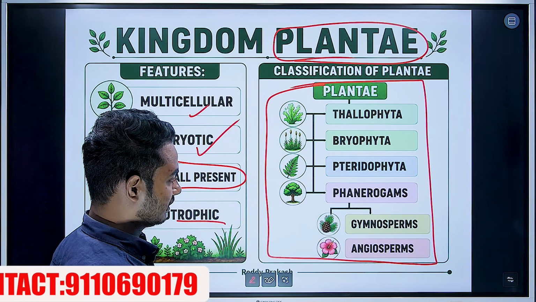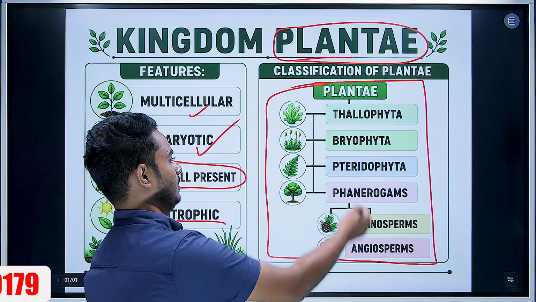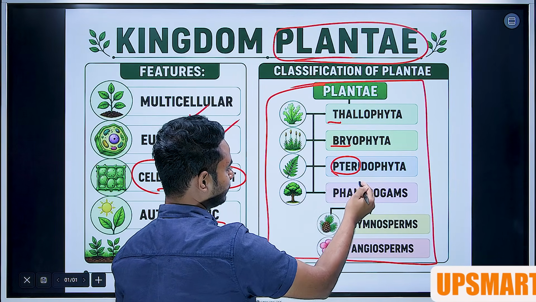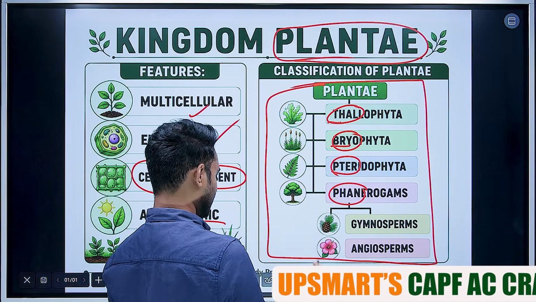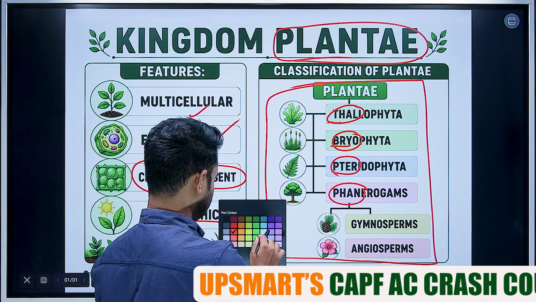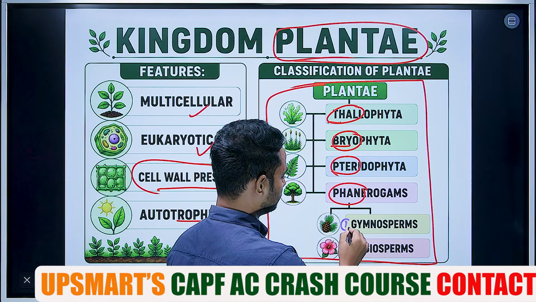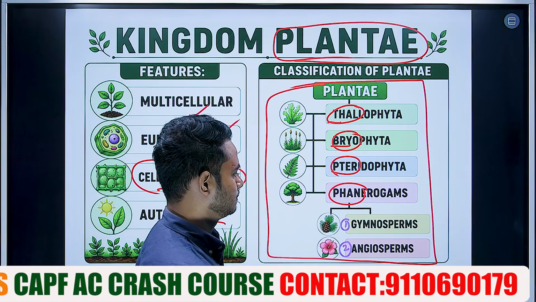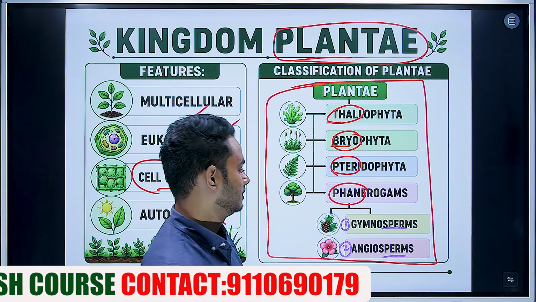Kingdom Plantae is further divided into Thallophyta, Bryophyta, Pteridophyta, and Phanerogams. Phanerogams are further divided into 1. Gymnosperm and 2. Angiosperm. Sperm refers to the seeds.